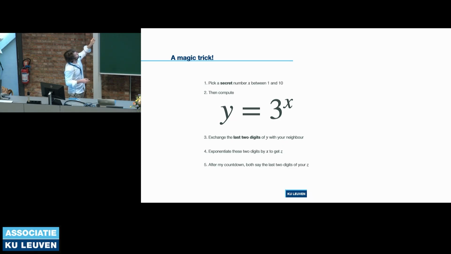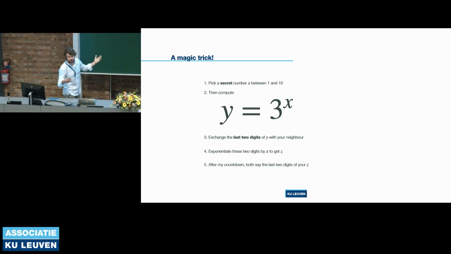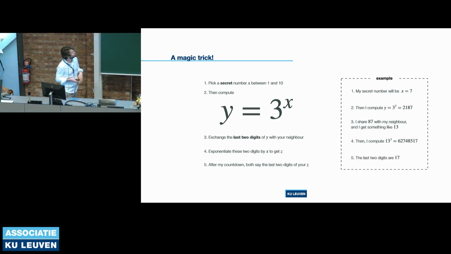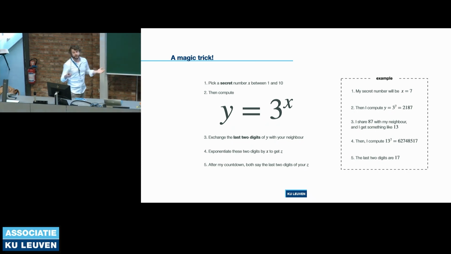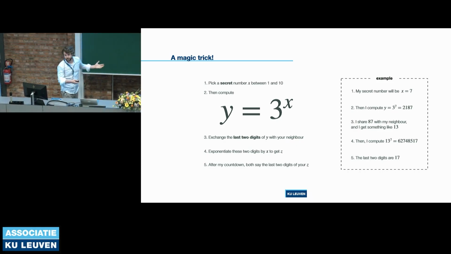The number that you get, these 2 digits, you'll get like 63 or so, you're going again to raise that by your secret number. And then I will count down from 3, and then you'll both say what number you got. So for example, if I would take 7, I would now compute 3 to the power 7. And if you picked 7, you're lucky, because you don't have to do this first step, right? That would give me 87 as the last 2 digits.